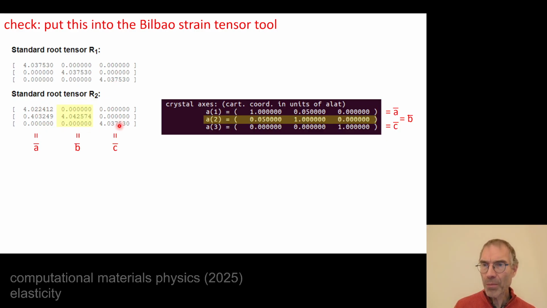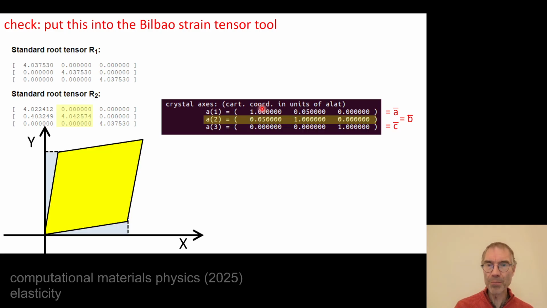But in the deformed cell, they look a bit different. We have now a B vector with just a y component, a C vector with just a z component, and an A vector with an x and y component. And this is different from A and B in the notation in Quantum ESPRESSO. So what has been going on here? This should be the same cell, but we have different components of the vectors.